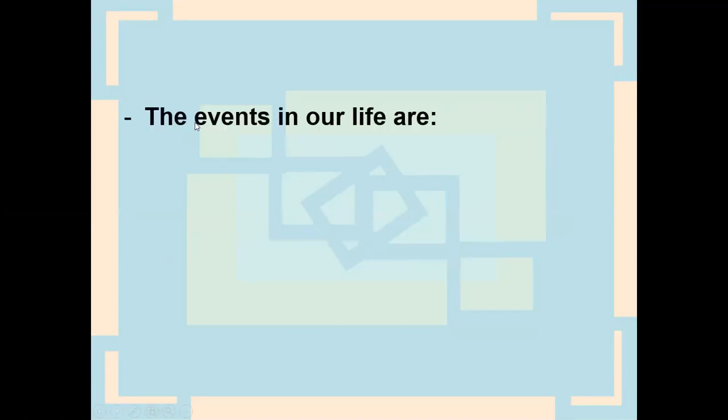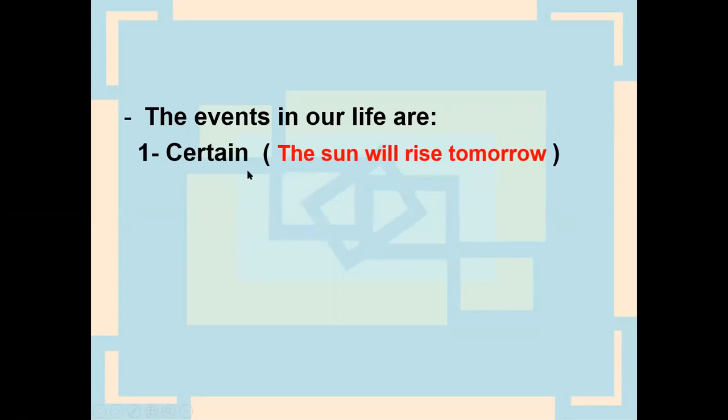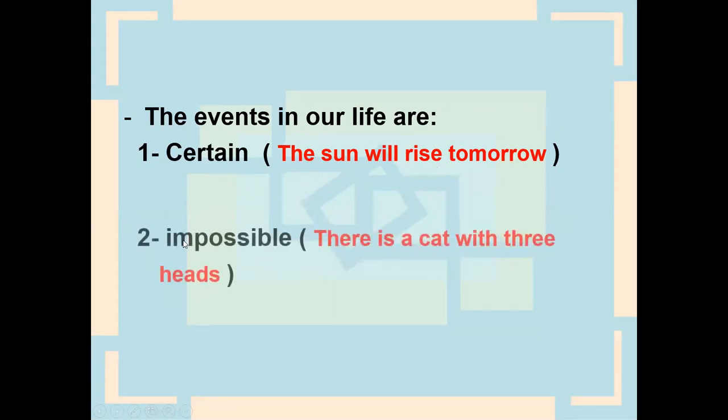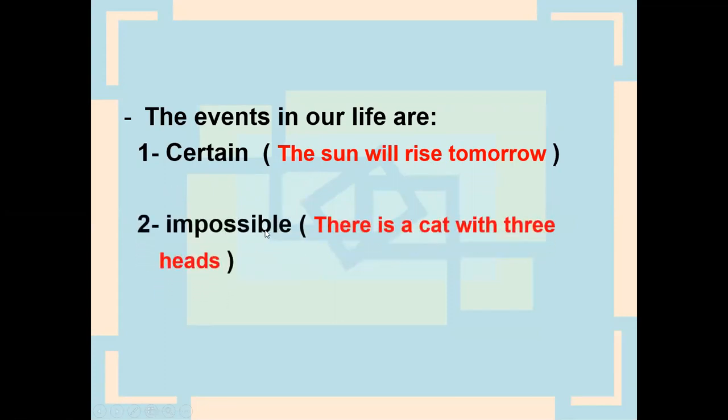Firstly, you must know the events in our life, three types. Certain means sure. Example for it, the sun will rise tomorrow. This something sure will happen, inshallah. The second, impossible.